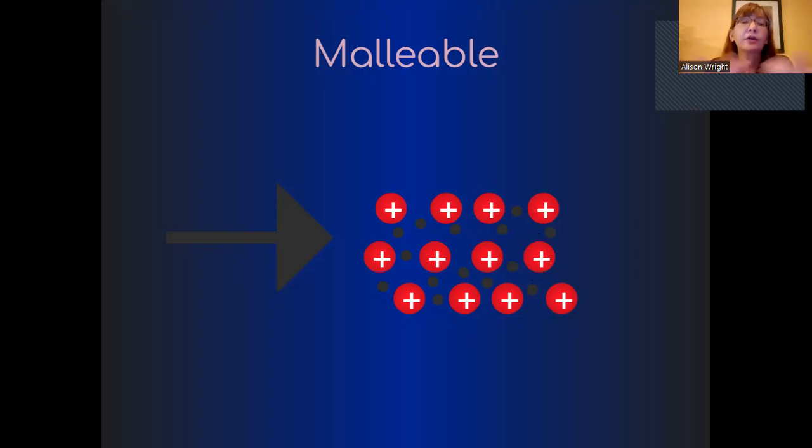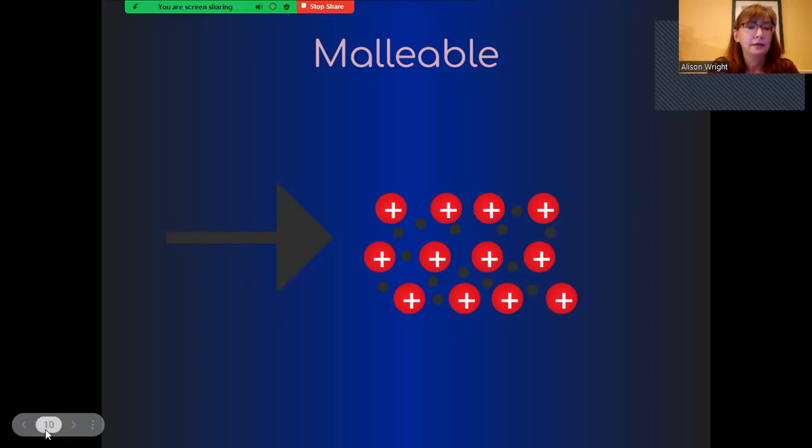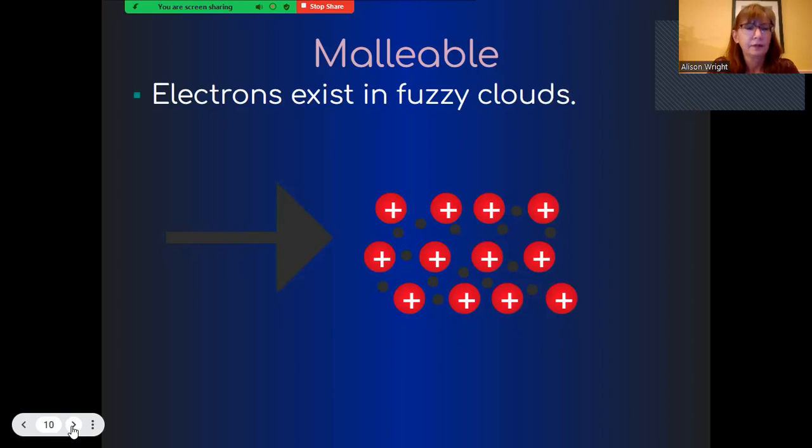Well, they would repel each other, and then you would have the piece break. But that doesn't always happen easily with metal, because the sea of electrons provides that cushion and allows the ions to change their position when pressure is applied.